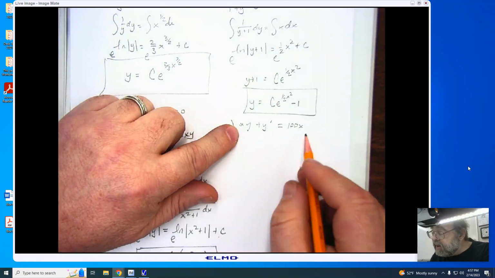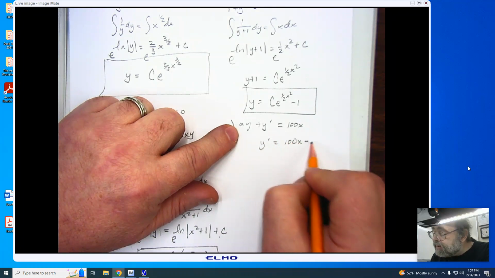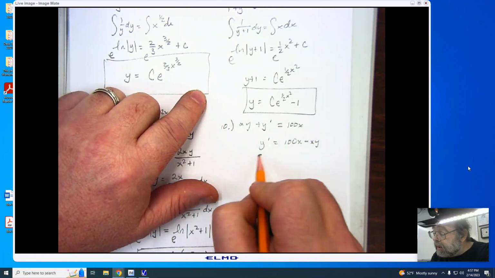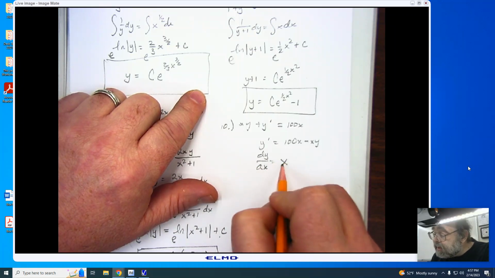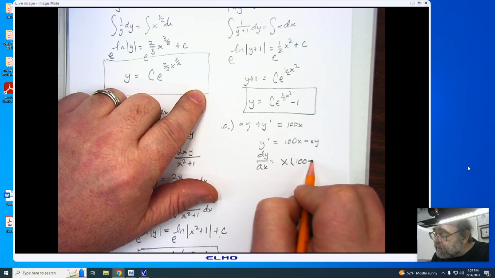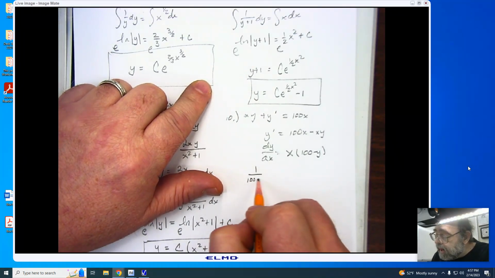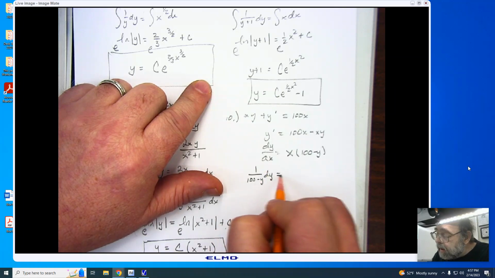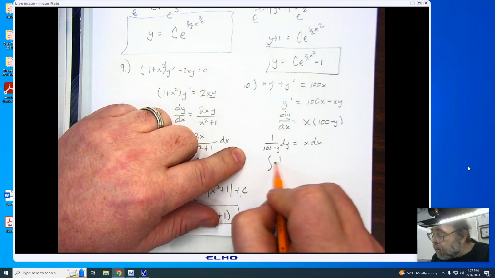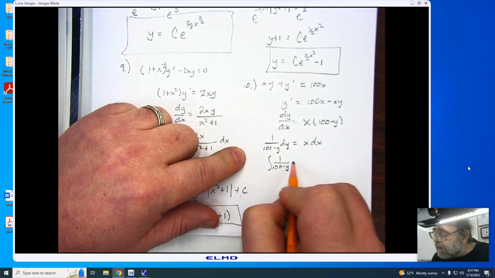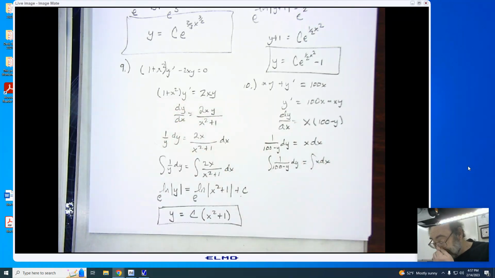And let's just move things over so that I have y prime equaling 100x minus xy. dy/dx is then equal to x times (100 minus y). I then have 1 over (100 minus y) dy equaling x dx. I then integrate 1 over (100 minus y) dy equals the integration of x dx.